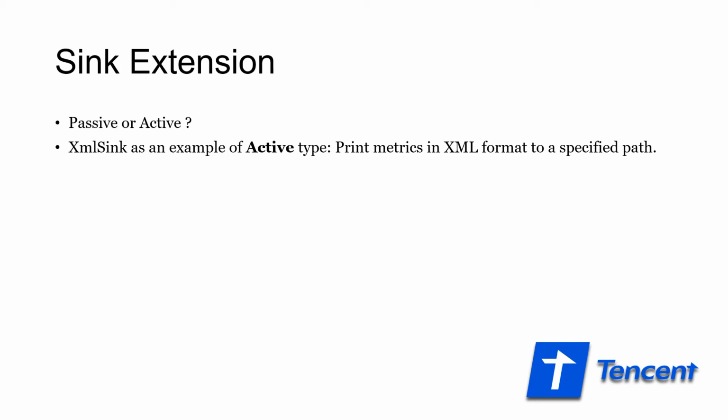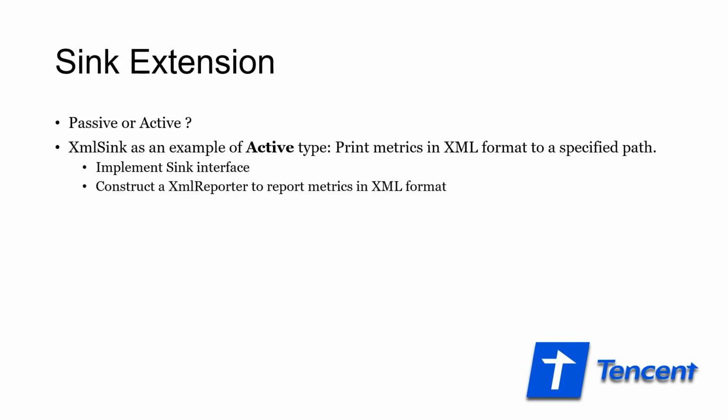So just like the console sink, we need to implement the sink interface. Also, we need the XML reporter to report the metrics periodically. Then we just need to tell the scheduled reporter how to print the metrics in XML format. So then we get a custom sink.